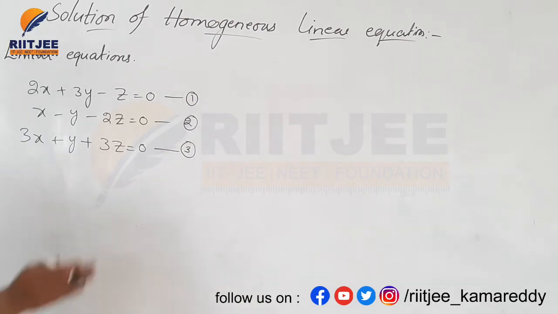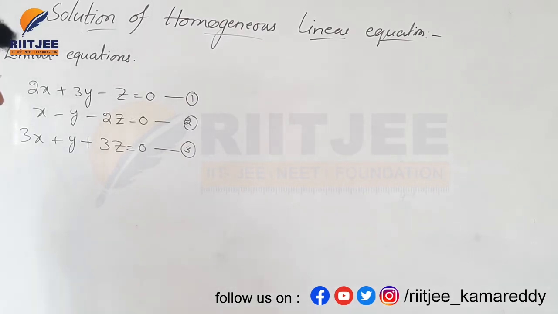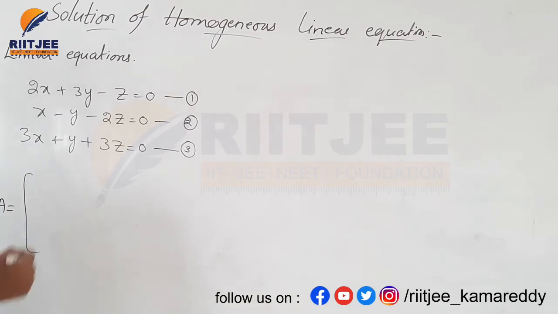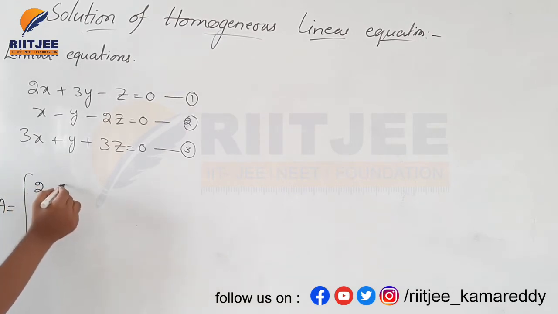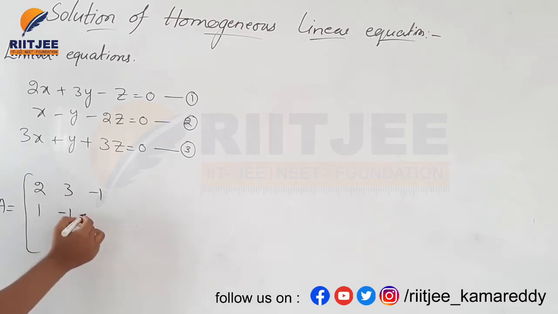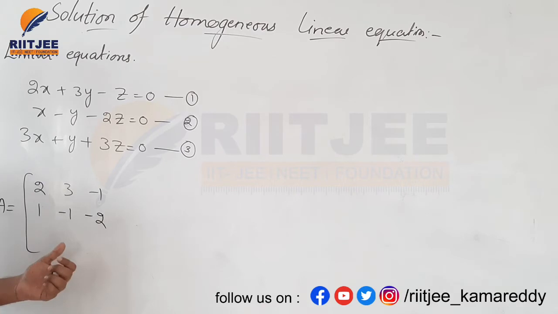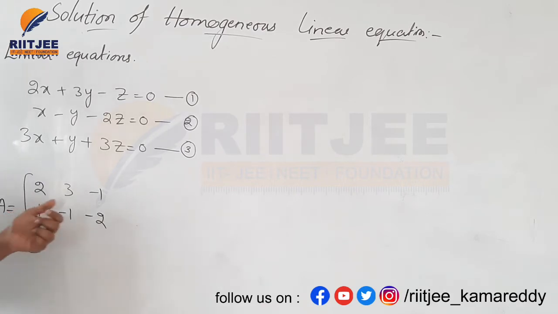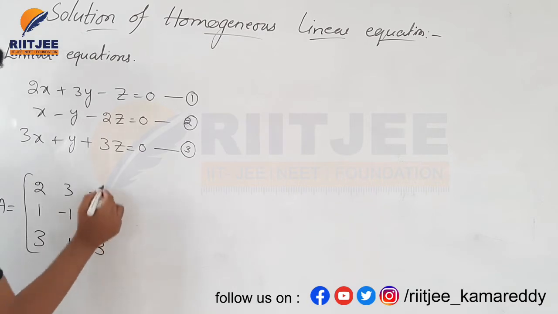From these three equations we need to frame a coefficient matrix A: 2, 3, minus 1; 1, minus 1, minus 2; 3, 1, 3.